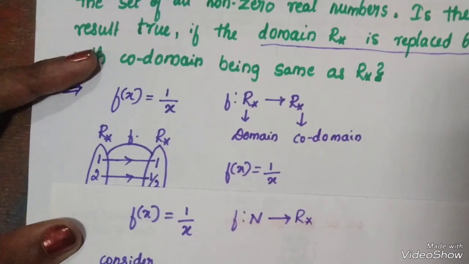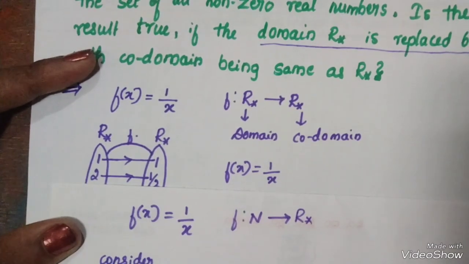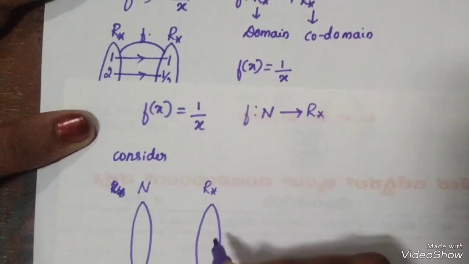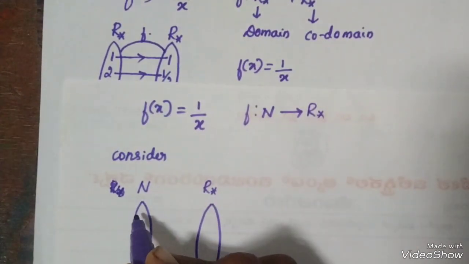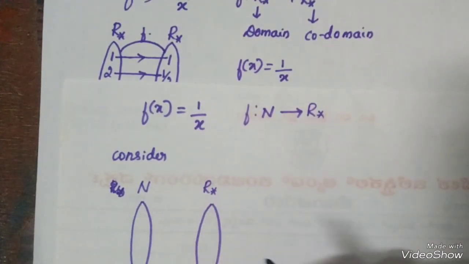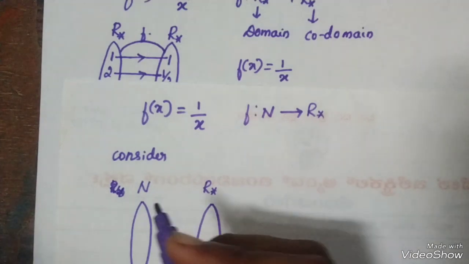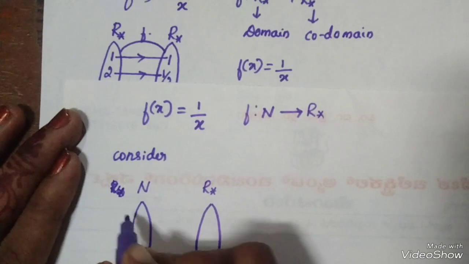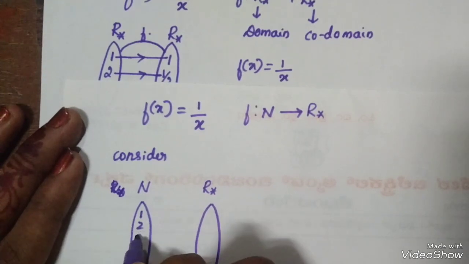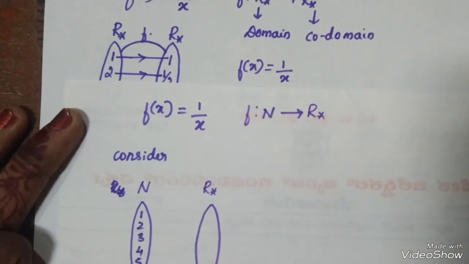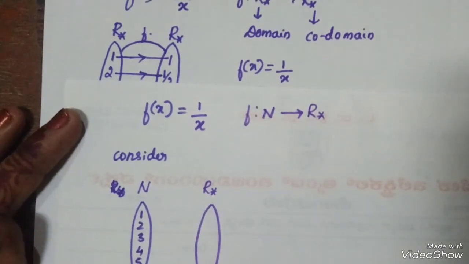Domain will be natural numbers. Whatever values are taken here, all are natural numbers. Natural numbers means all the values are positive, other than 0. The numbers start with 1: 1, 2, 3, 4, 5 and so on. Whatever natural numbers we have taken.